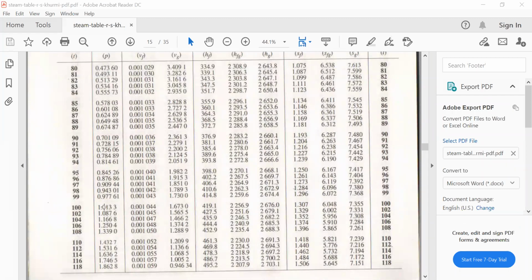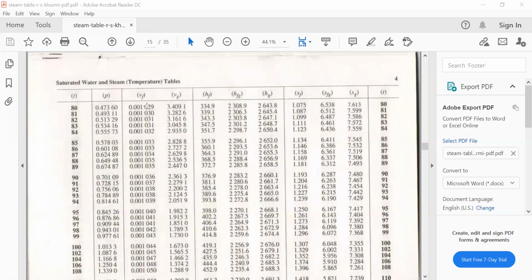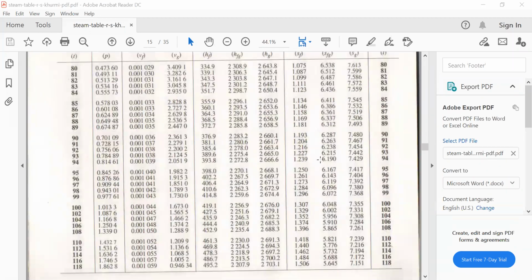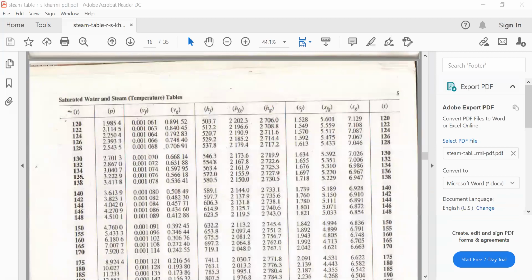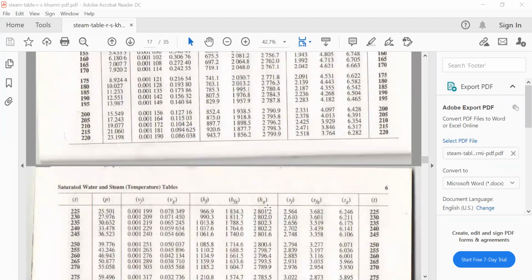The saturation pressure will be 1.0133, then specific volume of the liquid, specific volume of the gas, enthalpy of the fluid, latent heat of the steam, enthalpy of the gas, entropy of the fluid, entropy during phase change, entropy of the gas, and finally the saturation temperature. Like this, when temperature is given, we can predict the properties of the given steam.